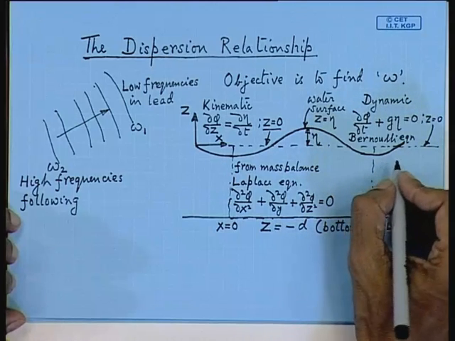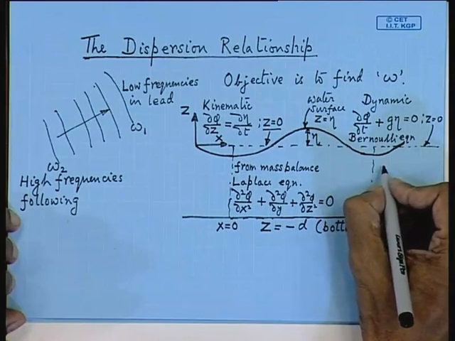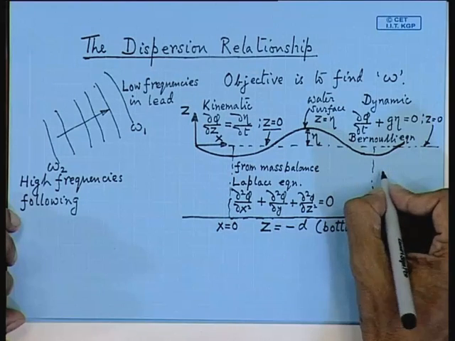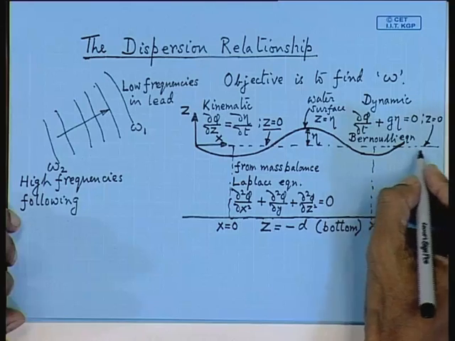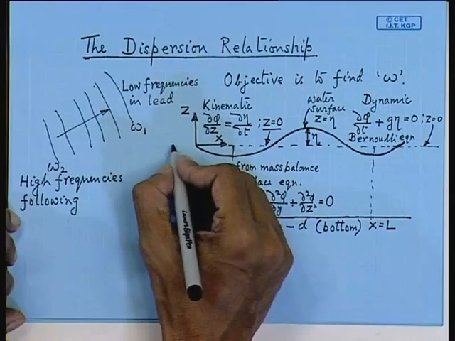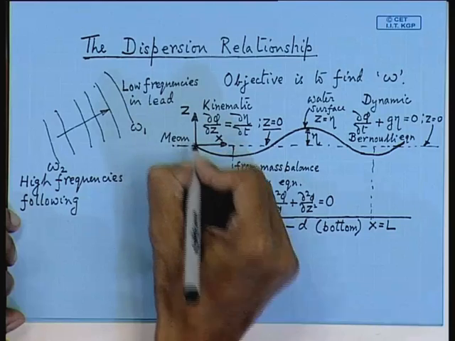Now, on the other side you will get the Bernoulli equation also here. This below the mean is called the mean sea surface. This is your mean sea level.